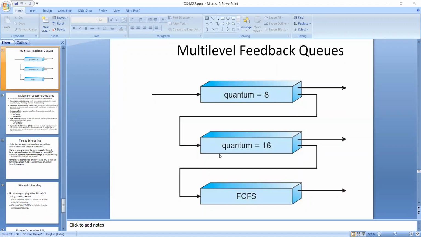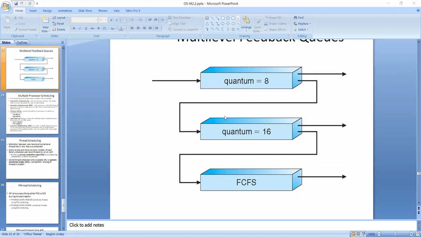Else that process will again be preempted from the CPU and added to the next queue, that is Q2. Q2 follows completely first come first serve scheduling. Here, once the CPU is allocated, the process will be executed by the CPU and, after execution, exit from the CPU. This is multi-level feedback queue scheduling.